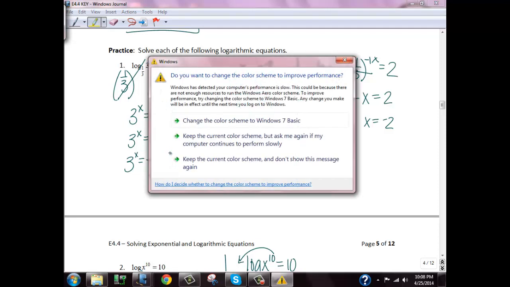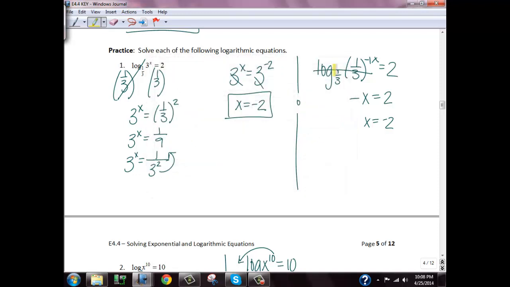So what I'm hoping for is that I can write both the left and the right hand sides with the same exponential base. So 9 I know is 3 squared, so I'm going to go ahead and write this as 1/3 squared. And then to get them both with base 3, I'm going to move that 3 squared up to the top, which gives me 3 to the x equals 3 to the -2.